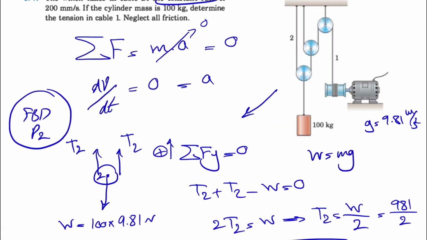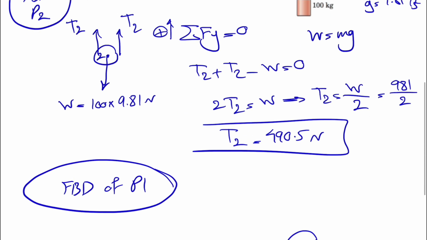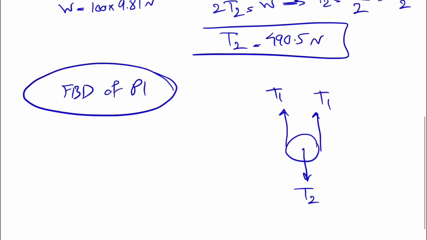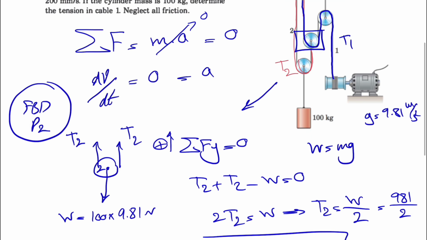I'm just going to clean up so we can see it better. We have one single cable here and one single cable here, which will be our T1. So in the free body diagram of this pulley, we have T1 on top, ending up with 2 T1 upward and 1 T2, which is the red force here.